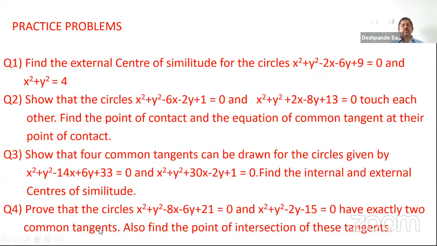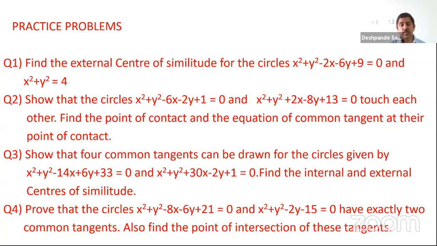So when can you say 2 circles have exactly 2 common tangents? Recollect, when can you say circles have exactly 2 common tangents? Whenever the 2 circles are intersecting each other, not touching each other, intersecting each other.